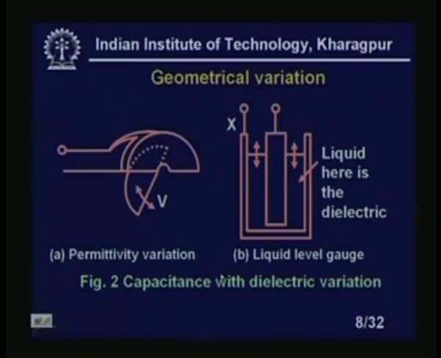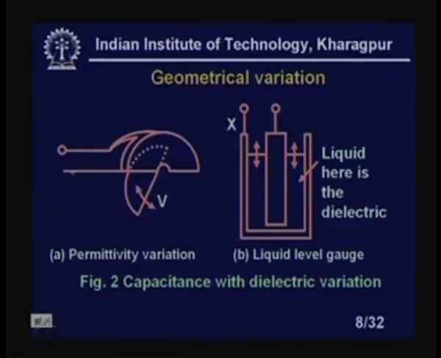Now, geometrical variation, you see here, instead of the displacement between the plates or the area between plates, now the permittivity, or dielectric medium, between the two plates is varied.